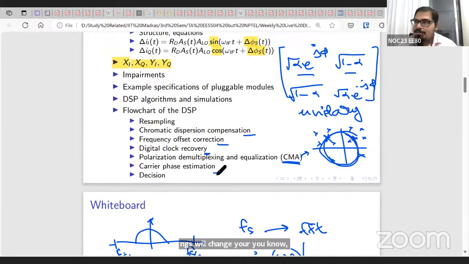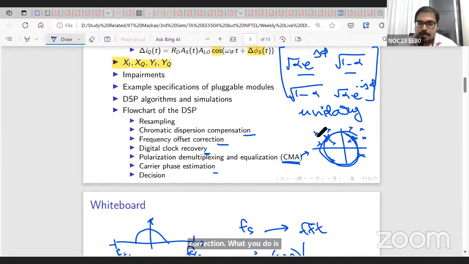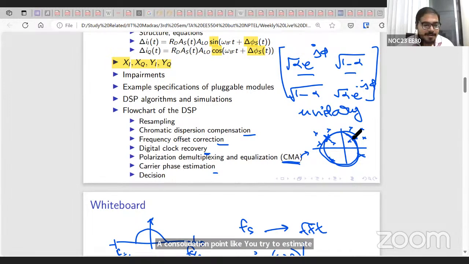Then carrier phase estimation is just your phase noise correction. What you do is you try to lock onto a constellation point, you try to estimate what is the carrier phase error, and when your data starts coming in, you continuously keep estimating what is the phase noise that is coming in, and you try to compensate for it, because this phase noise is a slowly varying process.